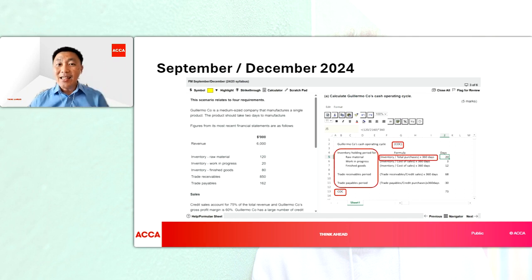Then I even took the initiative to narrate what exactly this number represents: inventory holding periods for each and every type of inventory, trade receivable period, trade payable period, and then I even write down my formula. So only when the formula is in, then when the marking team look at the 120 days, they know what exactly 120 is about.